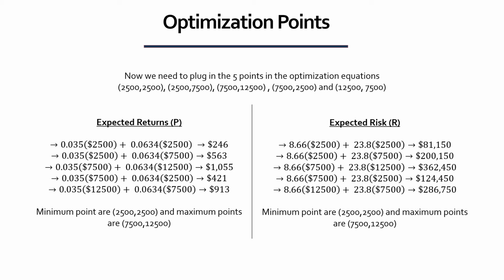And then the objective function for the risks was 8.66x plus 23.8y. And as you can see here, the expected returns go the highest when we plug in the third corner point, and the risks are the lowest when we plug in the first corner point. And we'll summarize what this all means in the conclusion.